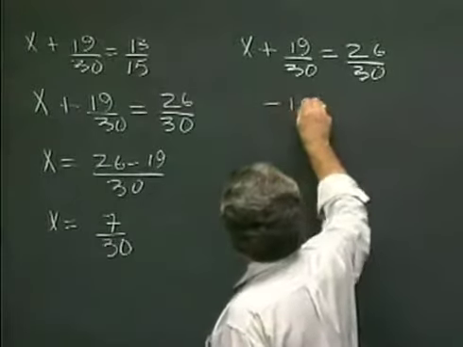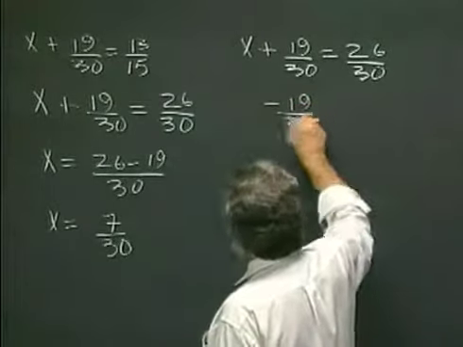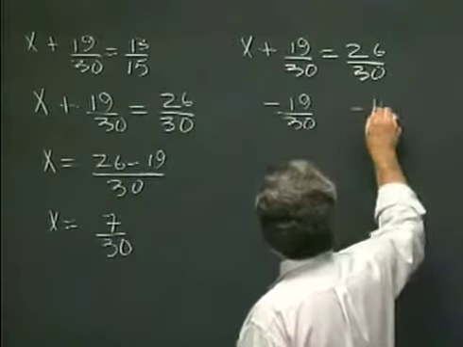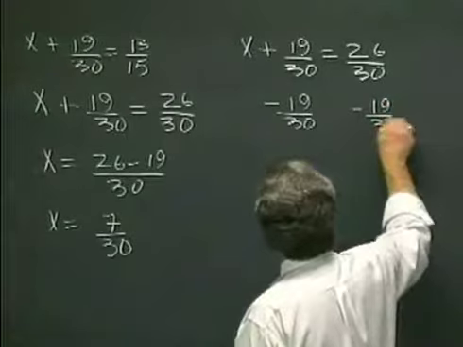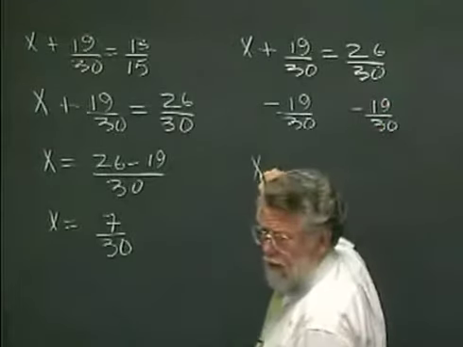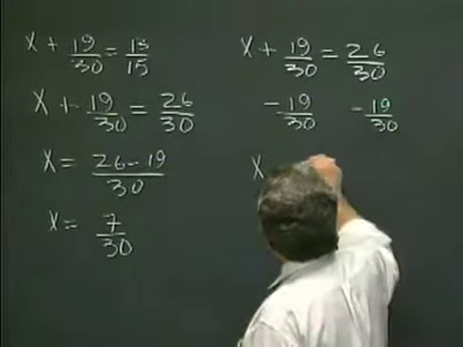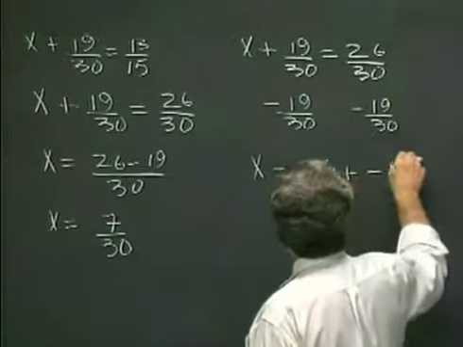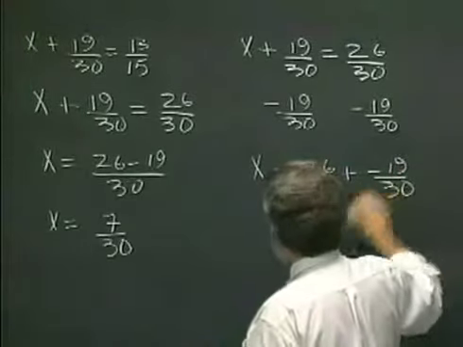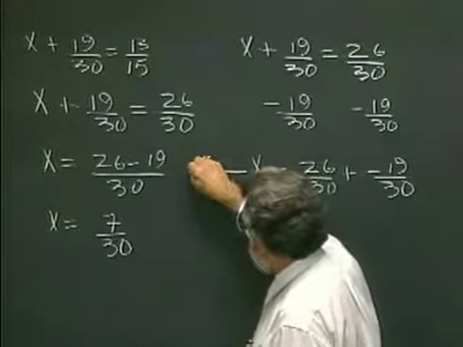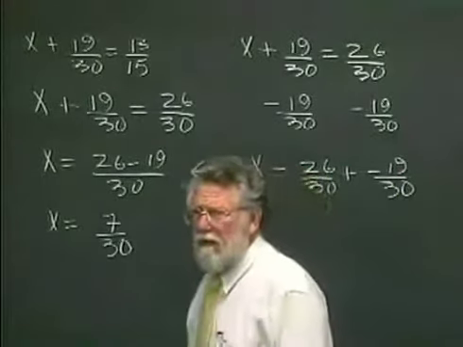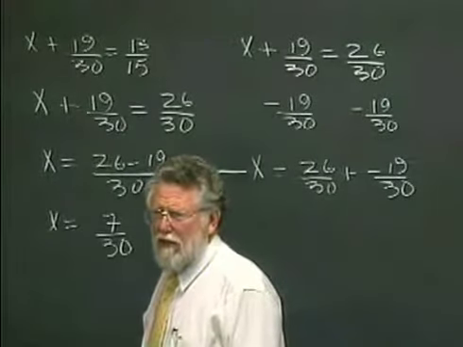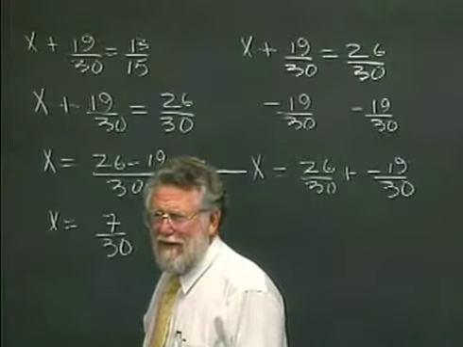So in the usual way, not trying to save time or save space, where we would add negative 19 over 30 to both sides, you'd have an x plus 0 on the left, which would be x. And then you have a 26 over 30, and you're adding to that negative 19/30ths, which in this case stays positive. I know that. But how did you end up then with the negative 7 by adding negative 19/30ths to both sides?